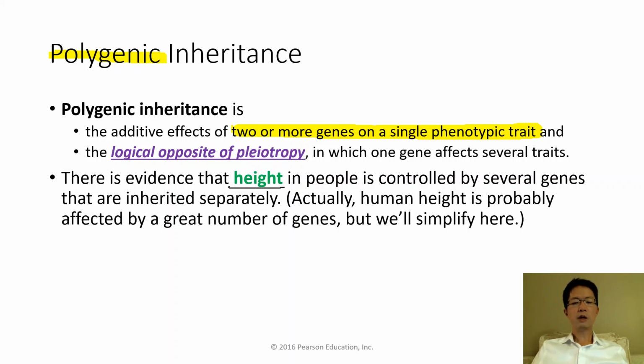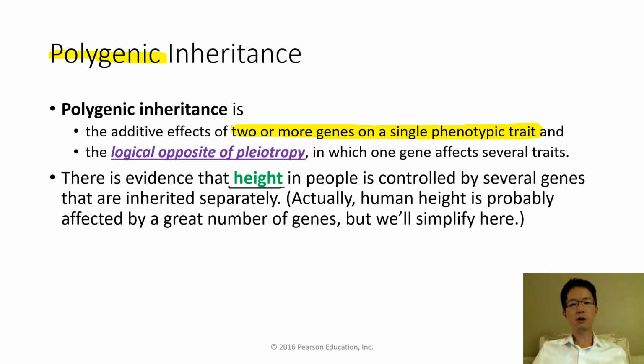So you may ask, what about achondroplasia? That is dwarfism. What I mean here by body height is that people like us, we don't have achondroplasia, we don't have dwarfism, but some of us are taller, some of us are shorter.